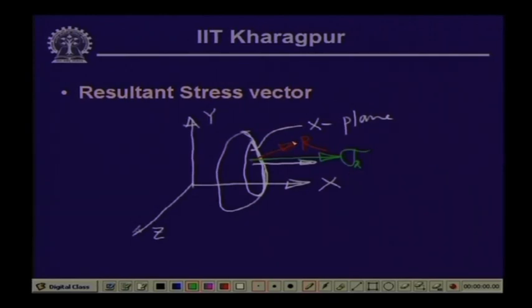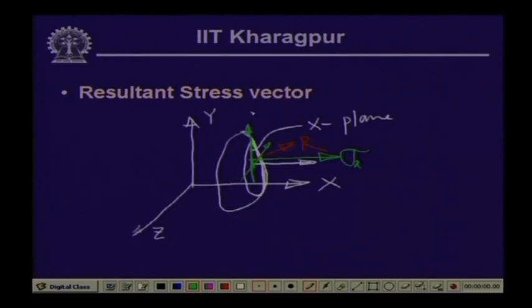If we take the component of R parallel to the y axis, then in the plane we get a stress which is acting in the y direction. Also, we have a component which is acting in the z direction.